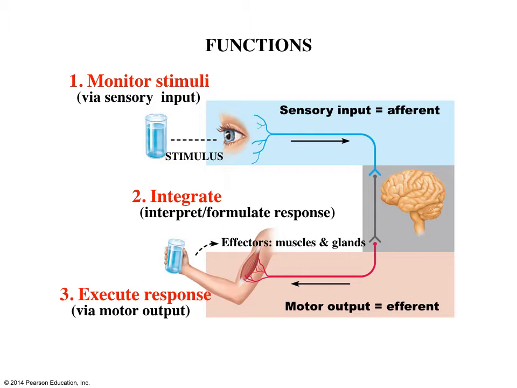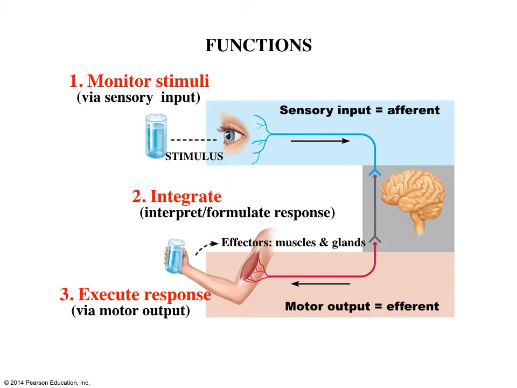Once that information comes to your conscious brain, central nervous system, the next thing that happens is called integration, which means the brain will interpret the sensations, the sensory input, and will formulate a response to that incoming information.